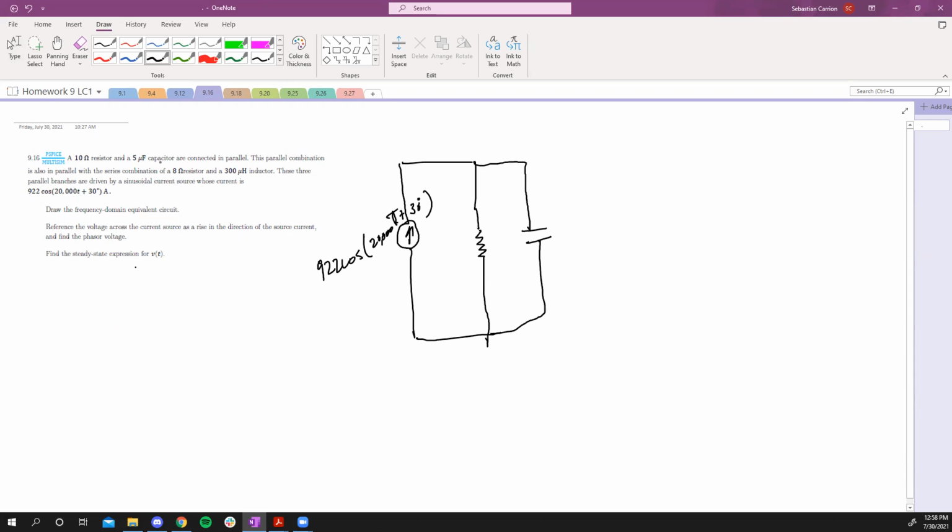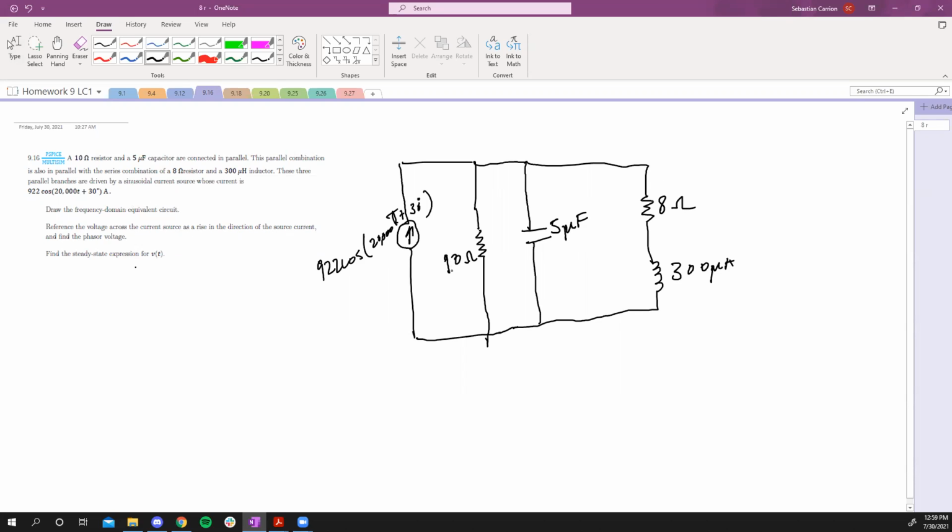And then we have a series combination that's also in parallel with these two: the 300 microhenry inductor and the 8 ohm resistor.